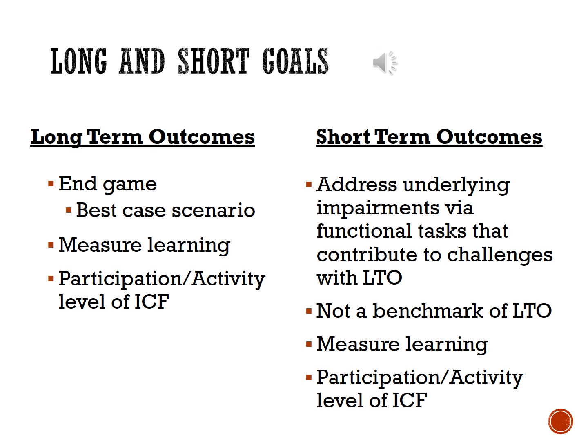So the way you establish your short-term outcomes is to ask yourself, what other functional tasks or activities is the patient challenged in, that if they could do those, target those same impairments that impact why they can't currently do their long-term outcomes.